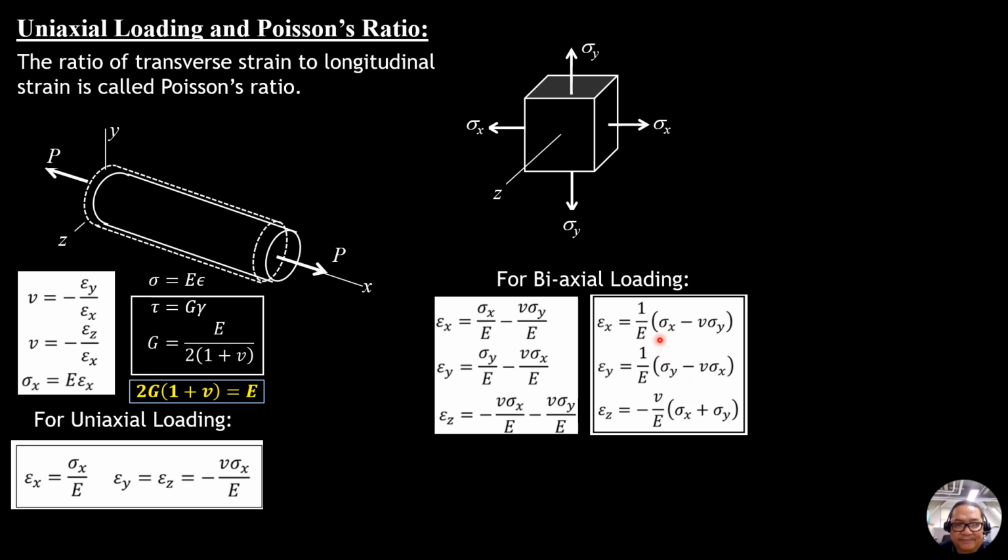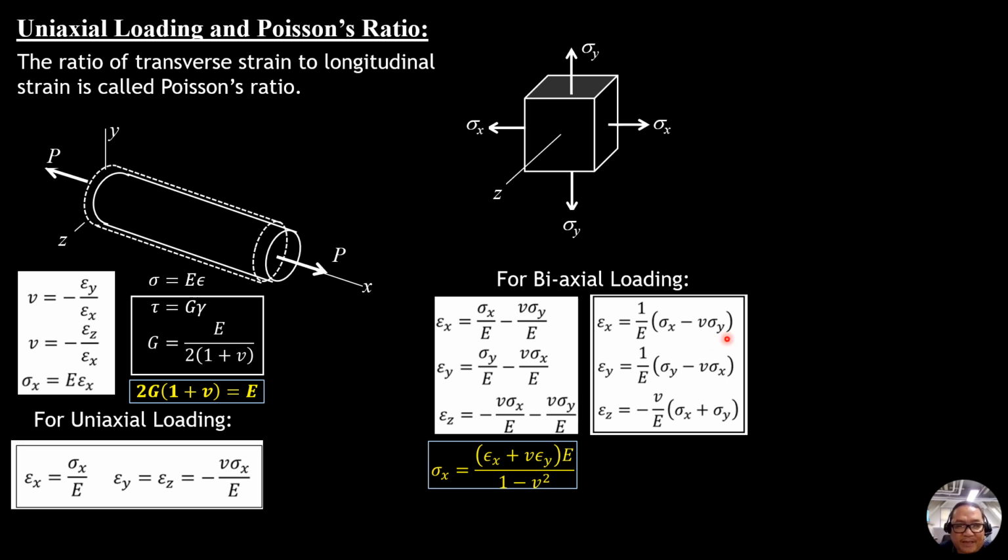Now from this equation, sigma x is strain along x times E plus Poisson's ratio sigma y.